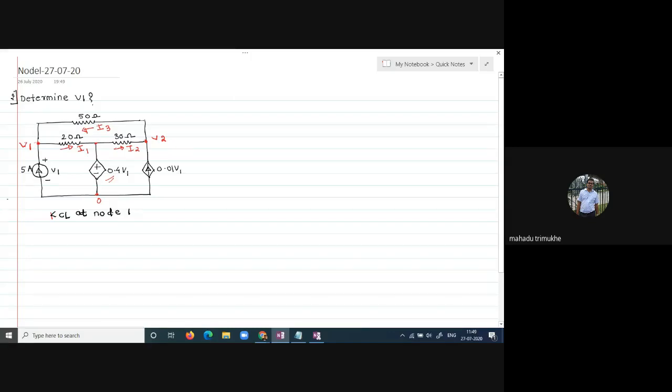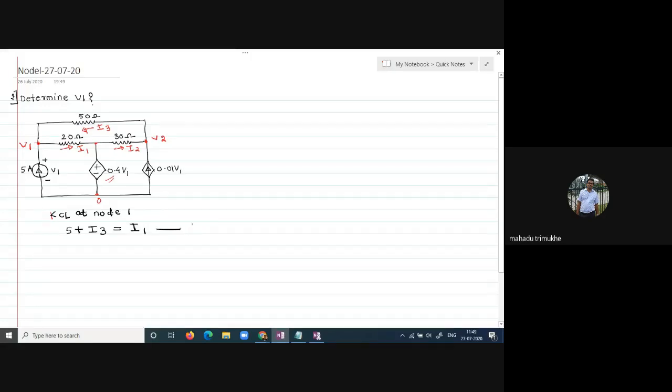Here, that is 5 plus, the current is again going to V1, so now we consider I3 here. 5 plus I3. The outgoing current is I1 from node V1. So that is equation number 1.